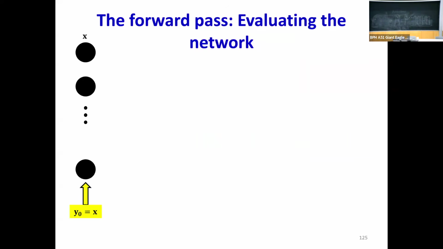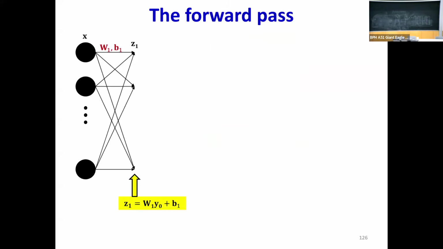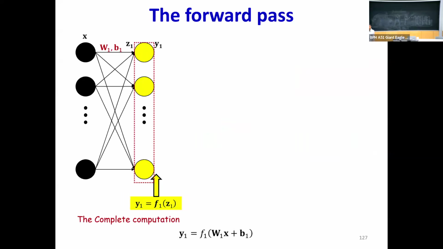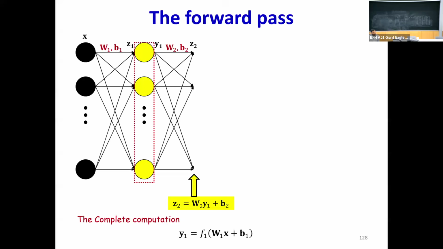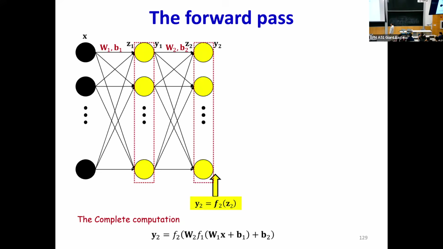And so if I want to write the entire forward equation, I can just say Y0 equals X. I can say Z1 equals W1 Y0 plus B1. Y1 equals F1 of Z1. Z2 equals W2 Y1 plus B2. Here now I'm using the subscript to represent the layer number rather than a superscript because I don't want to confuse it with squaring, right? And then apply the next activation and so on.